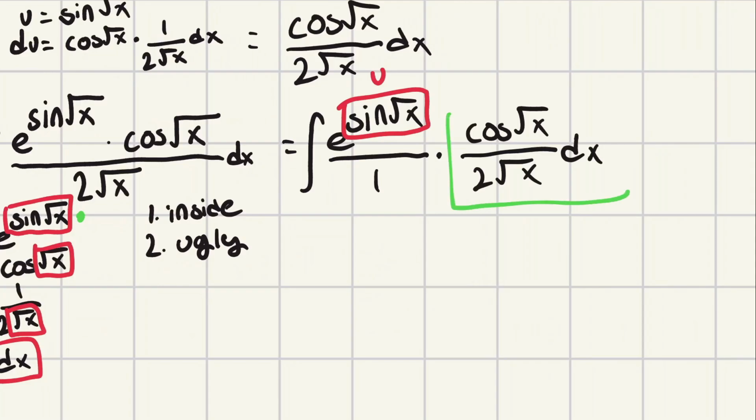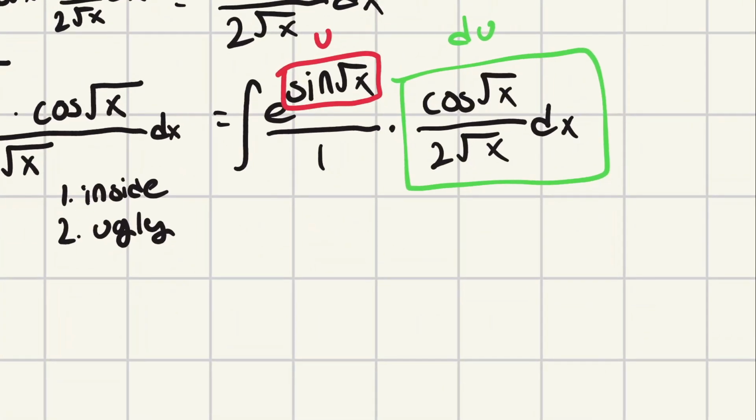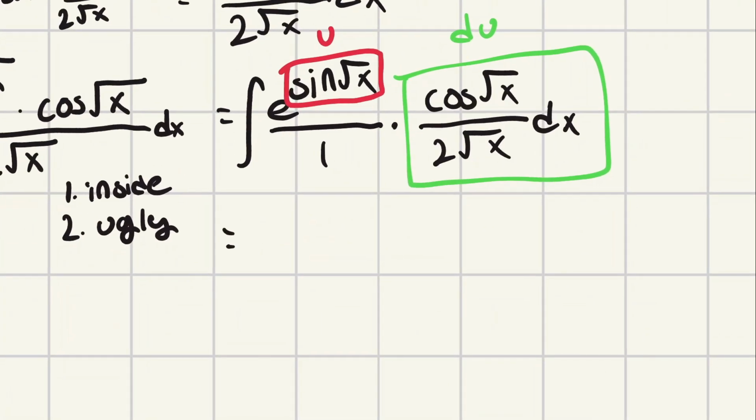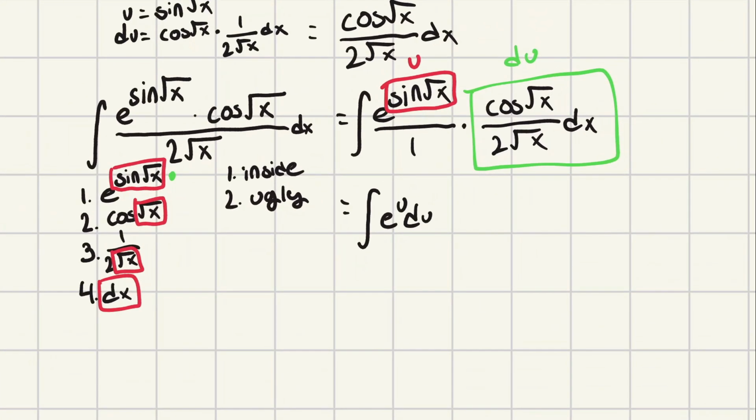This entire part right here is replaced by our du. Look at that. Everything's replaced. So we can write it down here now, where it's simply our integral of e to the power u du. Look at that. This mess of an integral becomes something so unbelievably easy, so recognizable just by a simple u substitution, right?